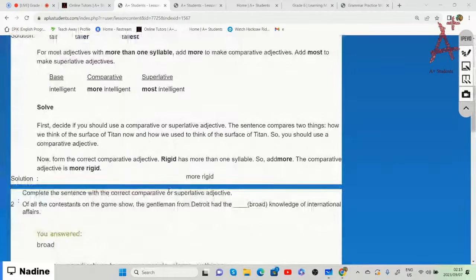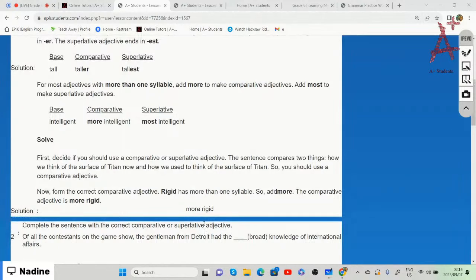So, to choose the correct adjective, we are going to use more rigid. We should first decide if it is comparative, comparing two things, or superlative, comparing three or more things. The sentence compares two things: how we think of the surface of Titan now and how we used to think of the surface of Titan.